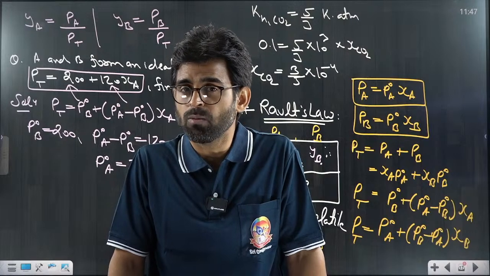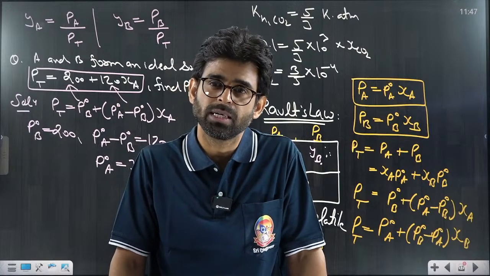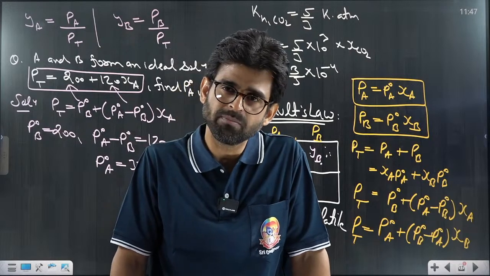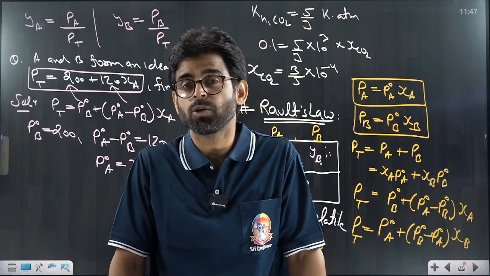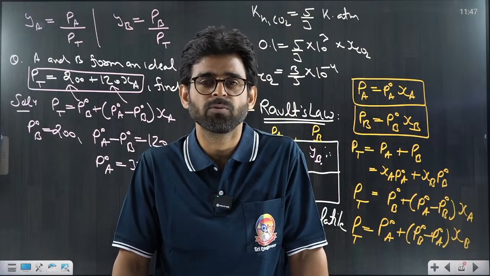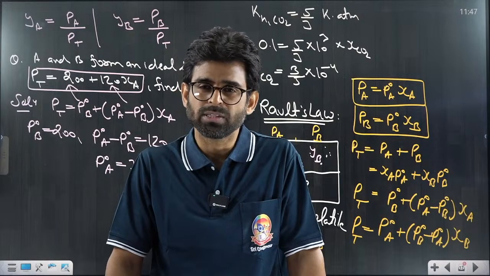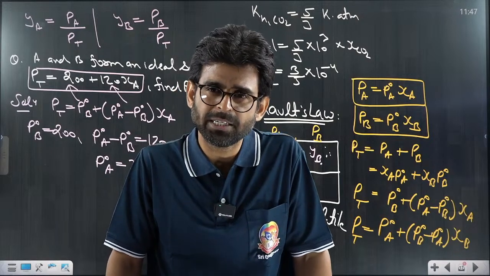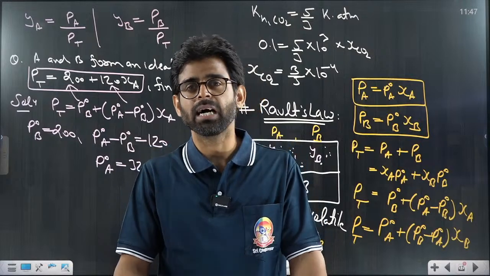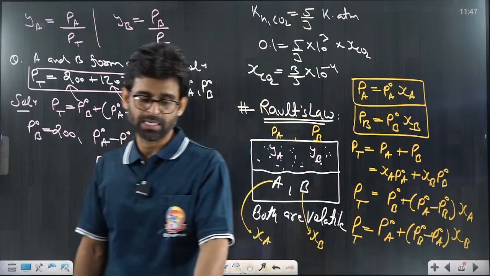You have to find the option which makes an ideal solution, because non-ideal solutions, whether positive or negative deviation, will form azeotropes, and after forming an azeotrope you can't separate them from each other. Okay, that's it.